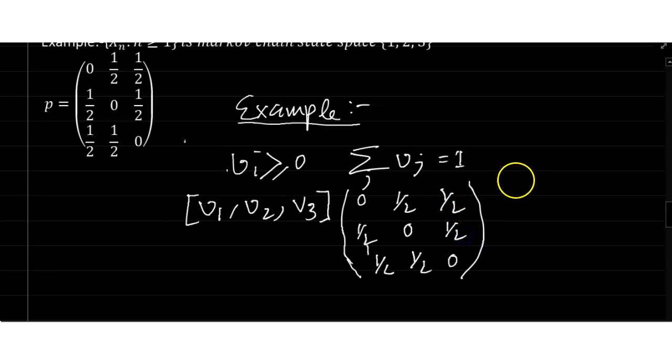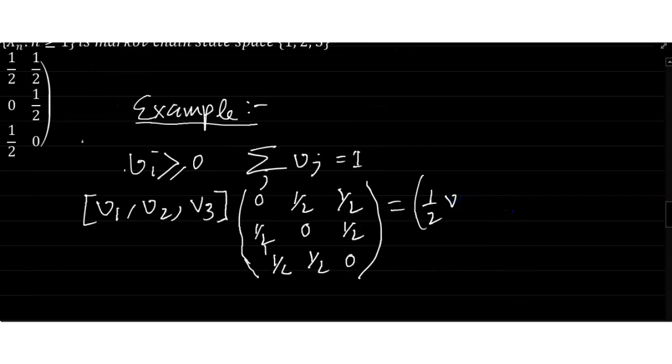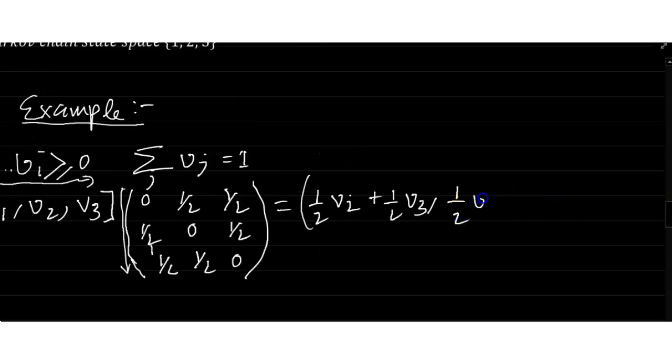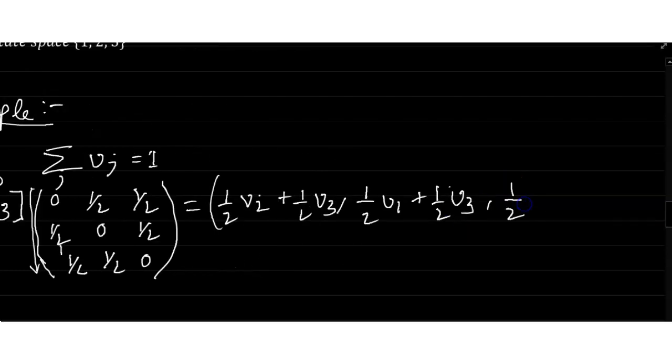After multiplying we get half v2 plus half v3, half v1 plus half v3, half v1 plus half v2.